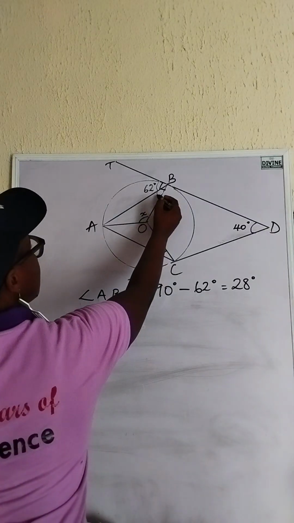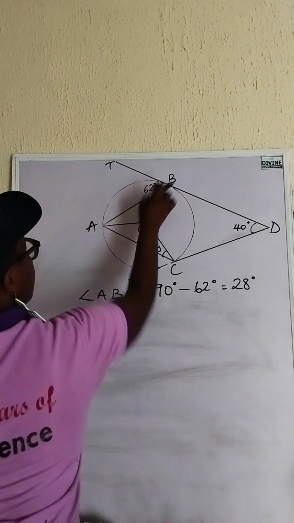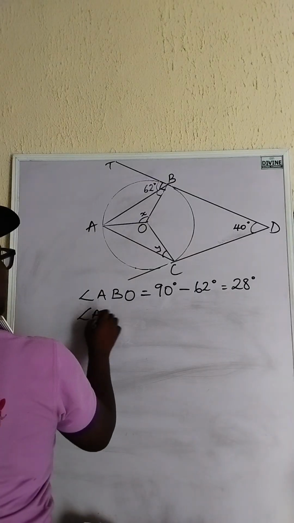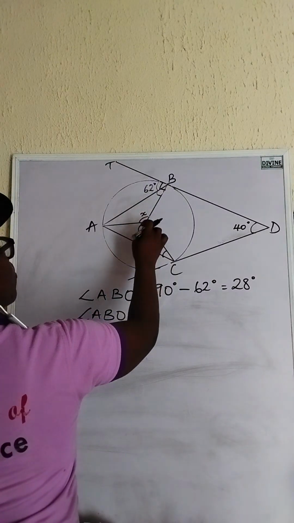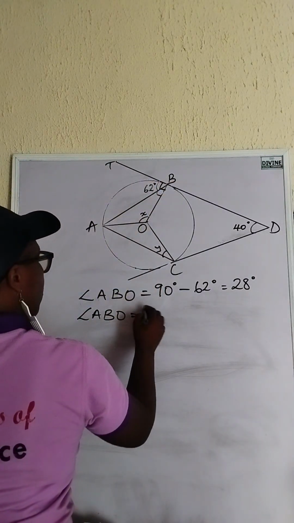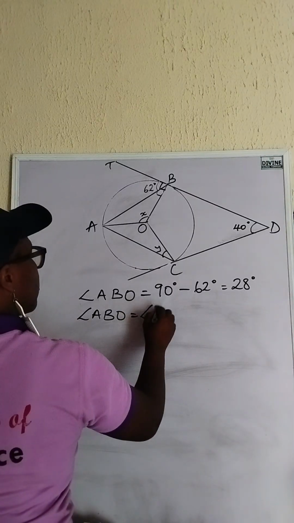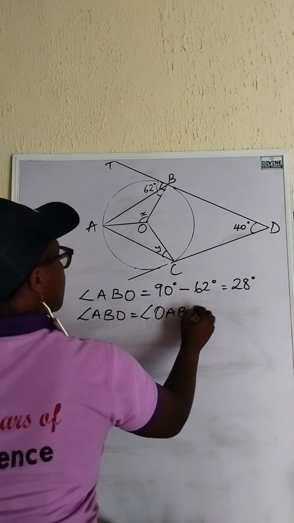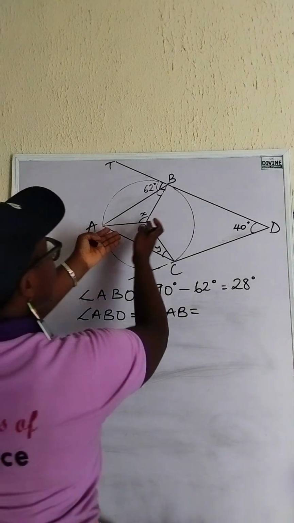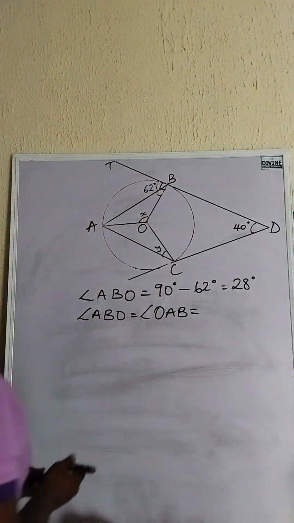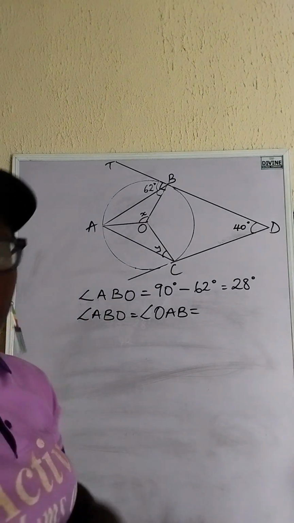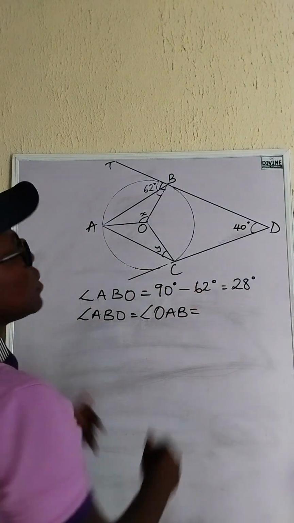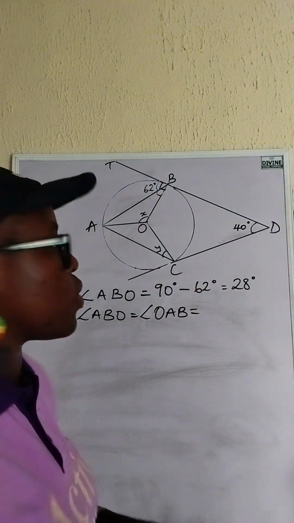Now, angle ABO is equal to angle OAB. Reason: any triangle formed by two radii of a circle is an isosceles triangle, and when we have an isosceles triangle, the two base angles are equal.